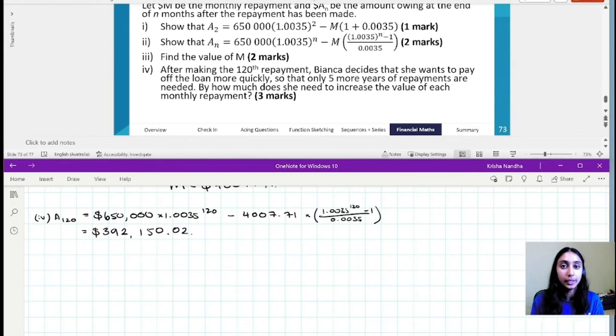So that's how much is owing after 120 months, as I said like 20 times already.